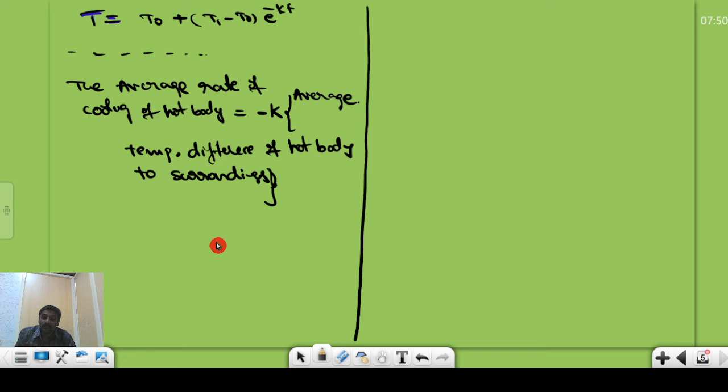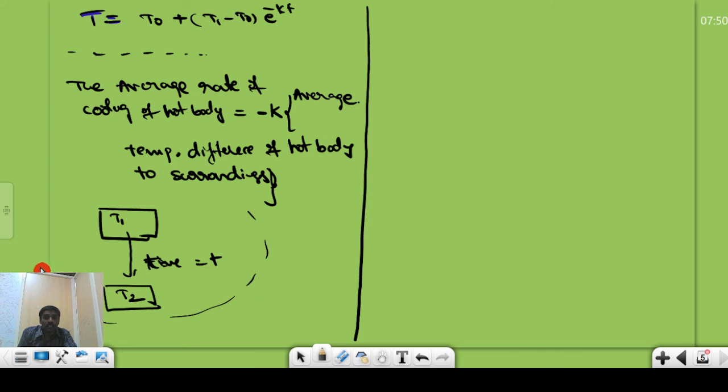For this we need to assume that there is a hot body whose initial temperature, let me take, is T1. After a time T passes, the hot body temperature goes to another temperature T2. This hot body is in a surrounding temperature T0.